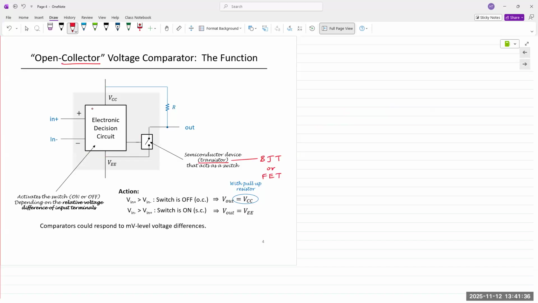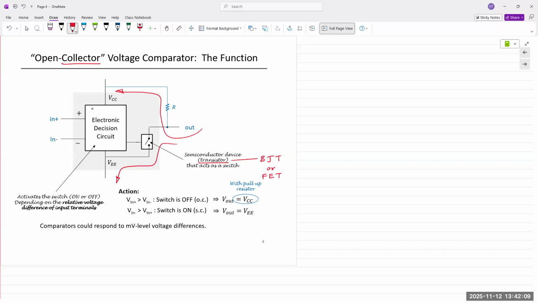FET terminals are drain, source, and gate. Let's say you have a BJT or an FET that is pulled up to VCC using a pull-up resistor at the output. When the switch is off, meaning it's disconnected, the output is directly connected to VCC. When the switch is on, it's connected to the negative VEE or ground.